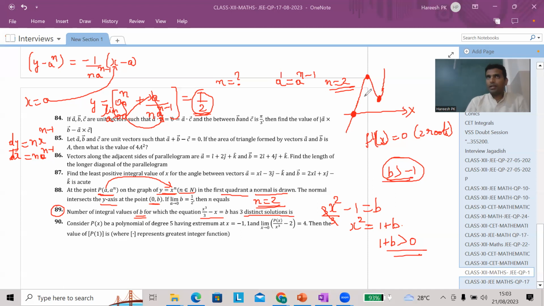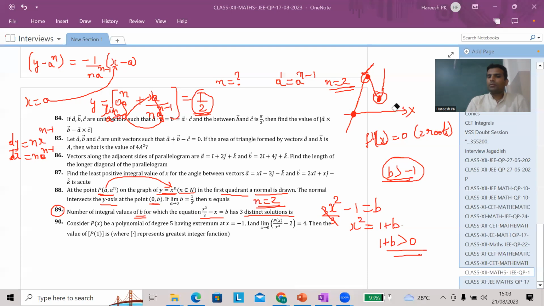So the second condition is, whenever f dash x is becoming 0, it's becoming 0 at this point and this point, right? So if one point is giving you a positive value for the function, the other should give a negative value.